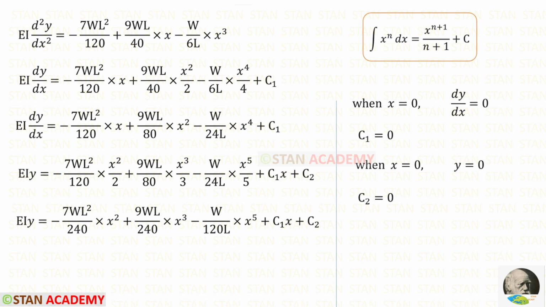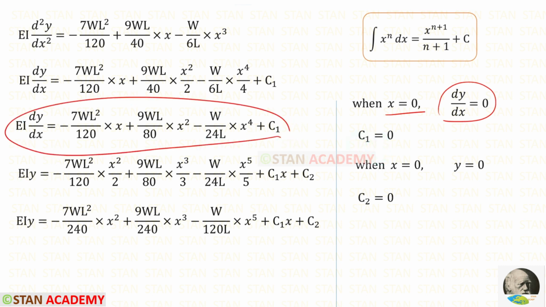We know that in the point A, there is a fixed support. In the fixed support, there will be no slope and no deflection. So when x is equal to 0, dy upon dx will be 0. Let us apply both of them in this equation so that we will get c1 as 0. And we know that when x is 0, the deflection y will be 0.